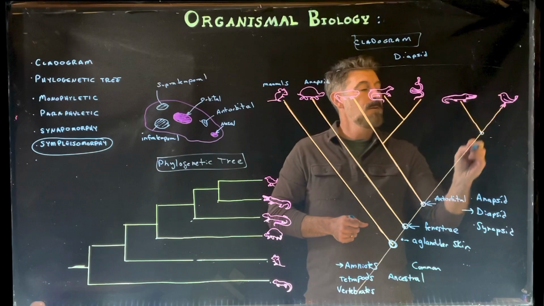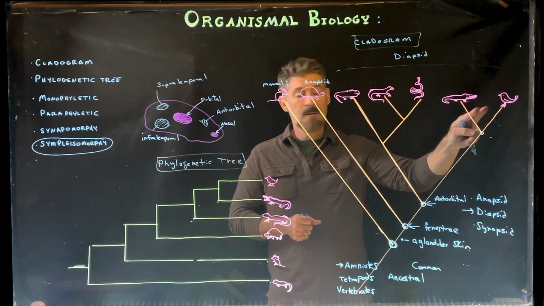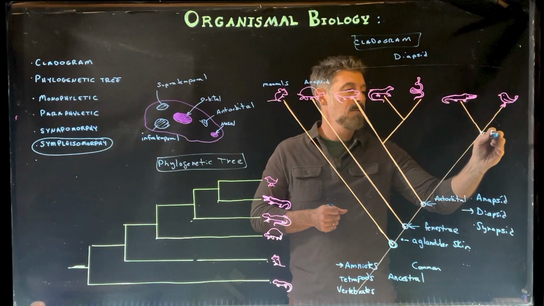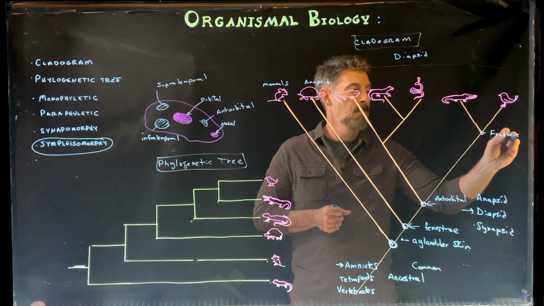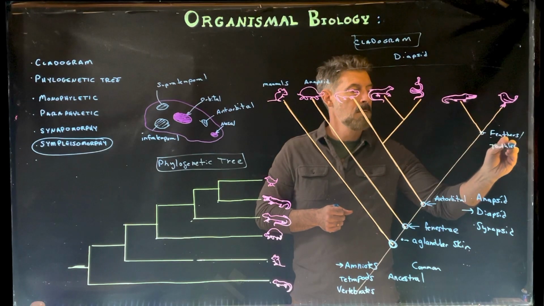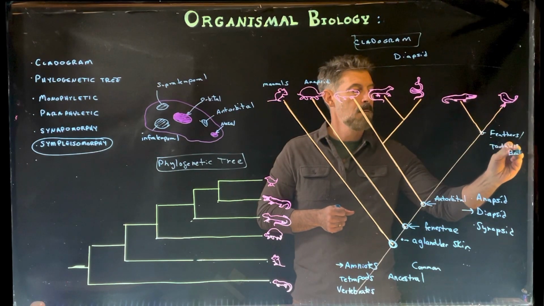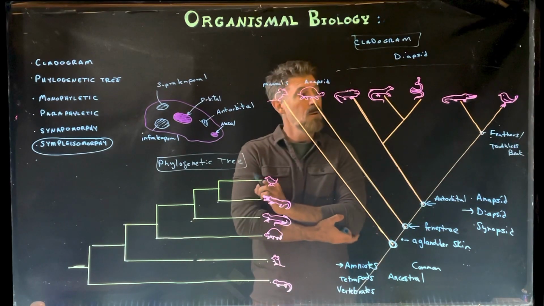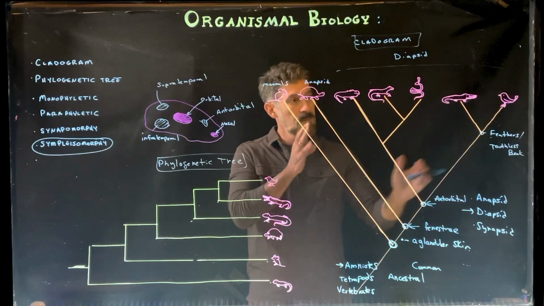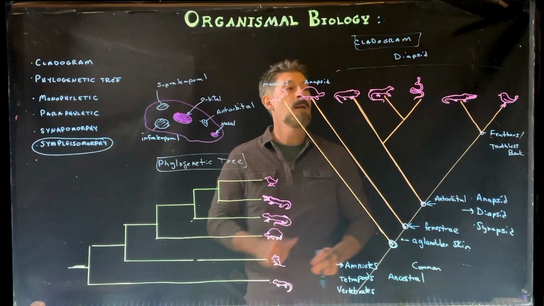We're going to further divide up the birds and crocodilians. We could do something more simple, like feathers, or the toothless beak, something to that effect. Although bird ancestors have teeth in their jaws and so on, we're kind of going along this line.